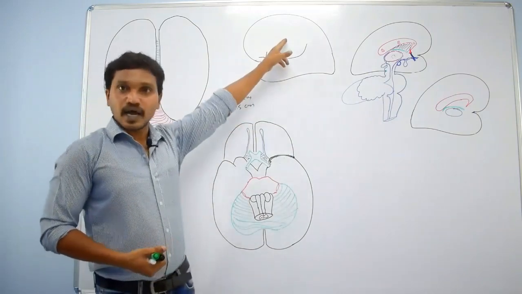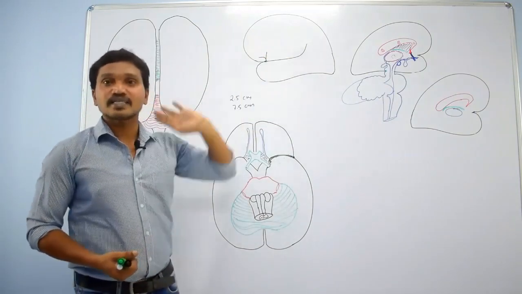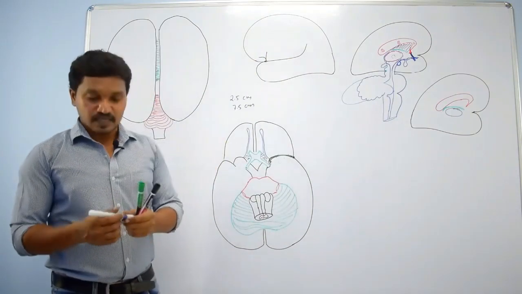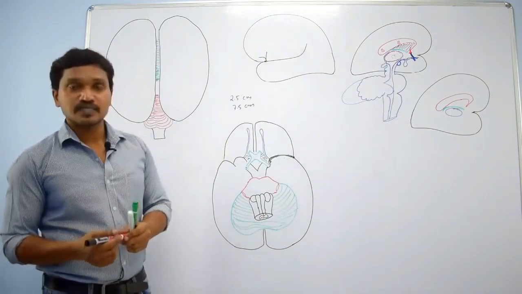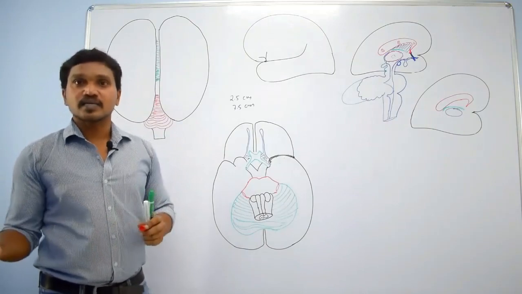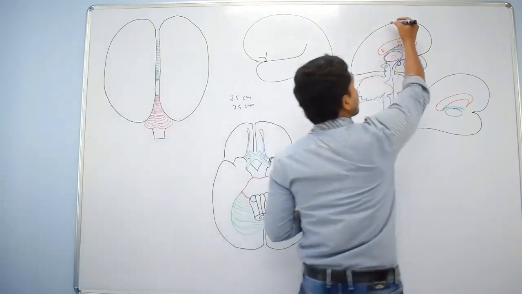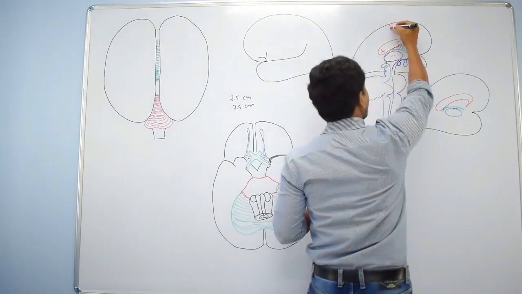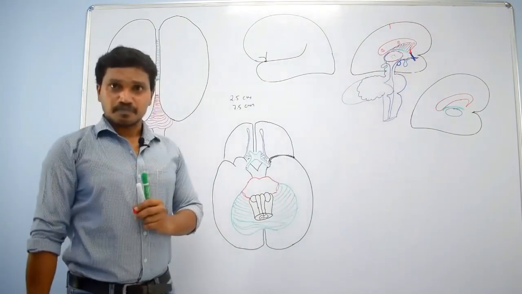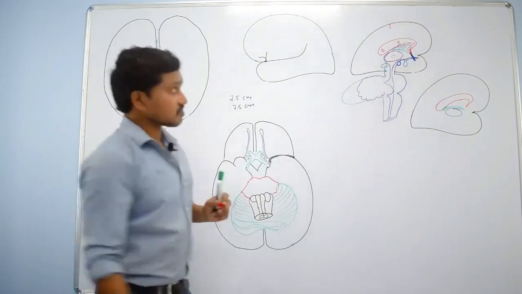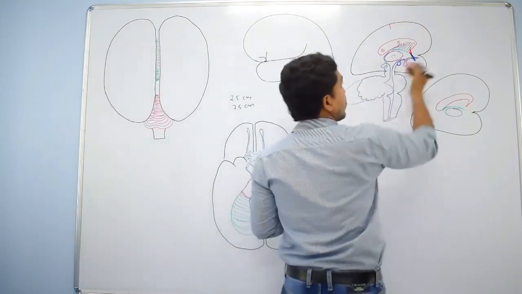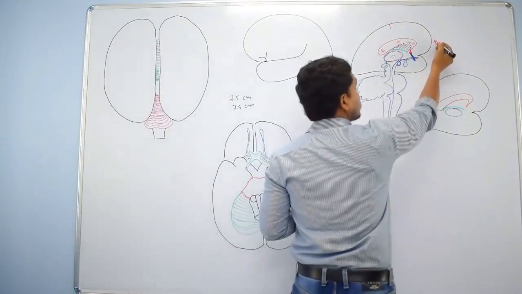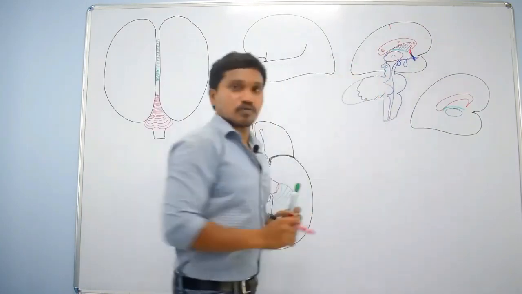Then we will see another sulcus, the central sulcus. This central sulcus first arises from the medial surface, just behind the point between the anterior pole and posterior pole.